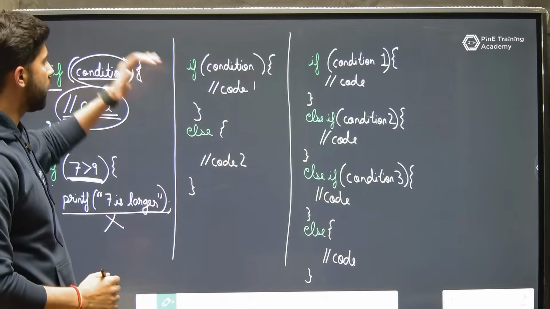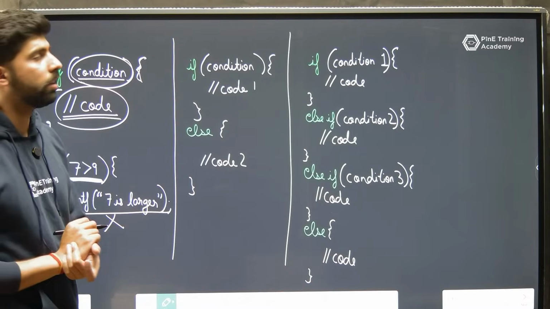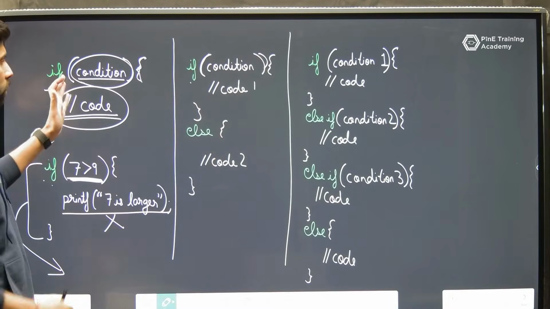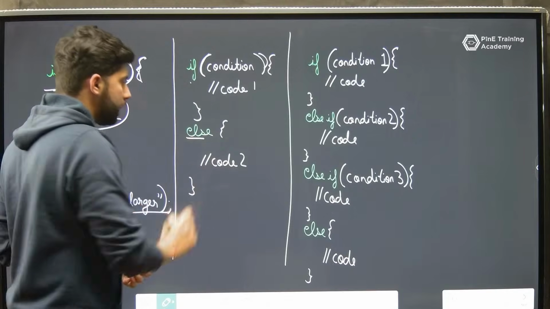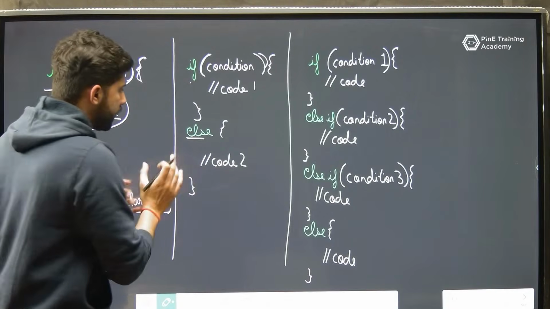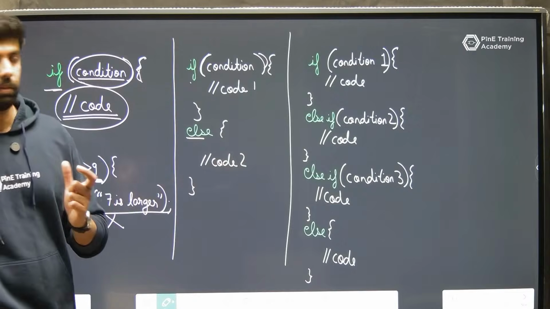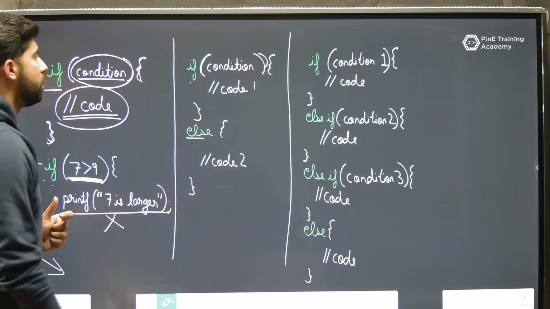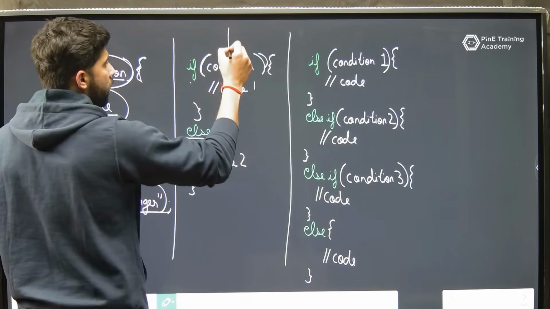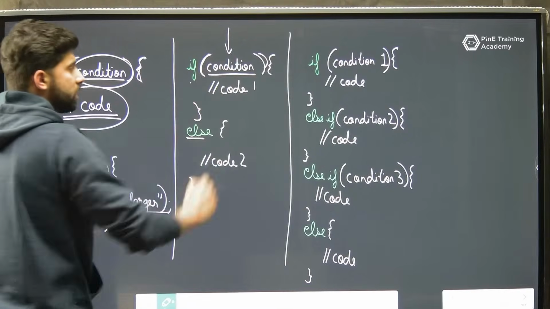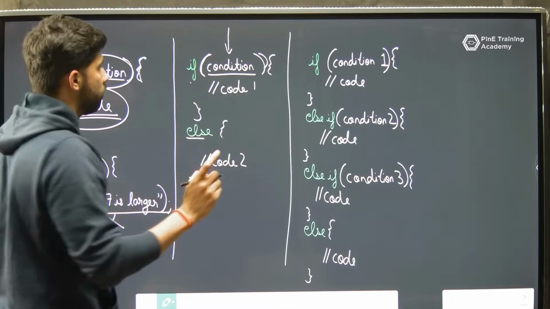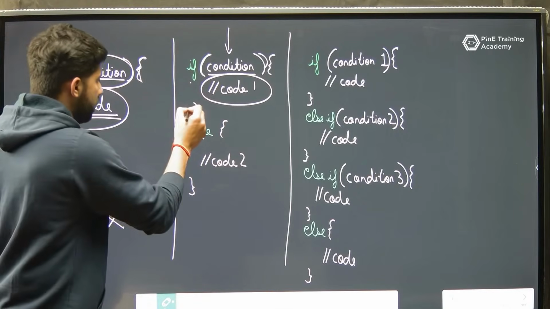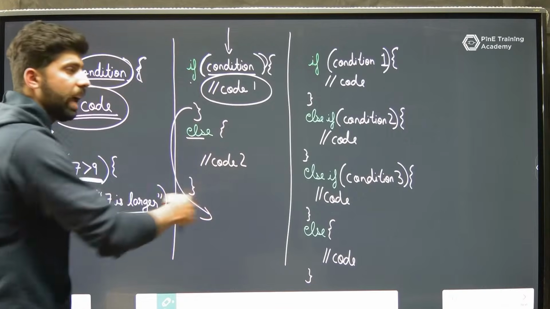Second part, you can combine else along with if. I have written if, again with a condition similar to what we have seen here, and now I have written else. If you notice carefully, I don't have any condition with else. So what will happen: we come from the top and check this condition. If this condition is true, then this code will get executed, and then we come directly down, skipping the else part.